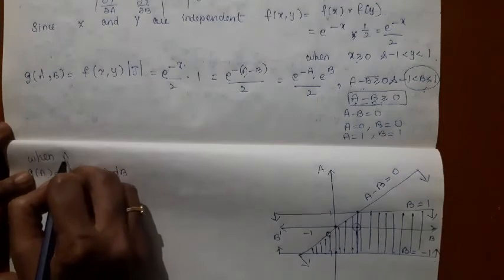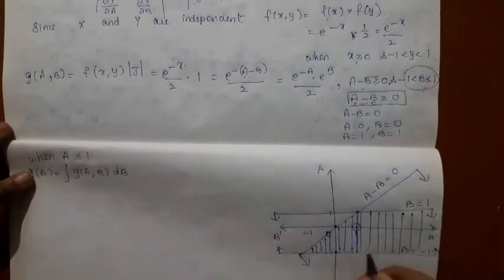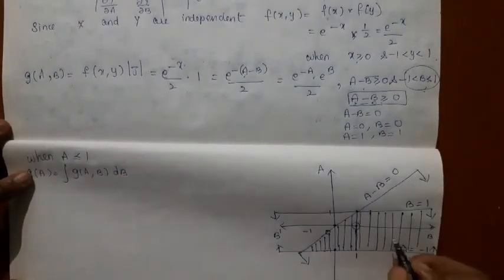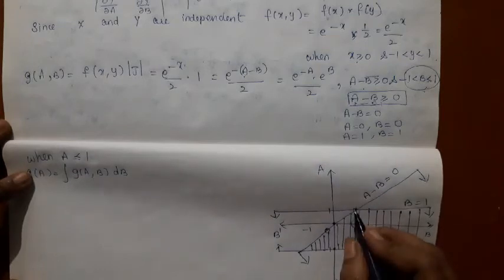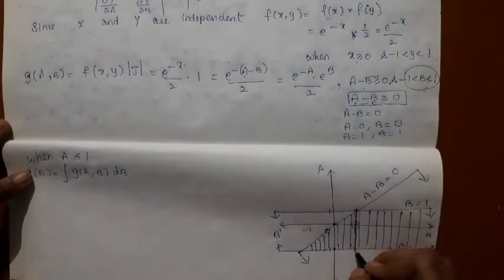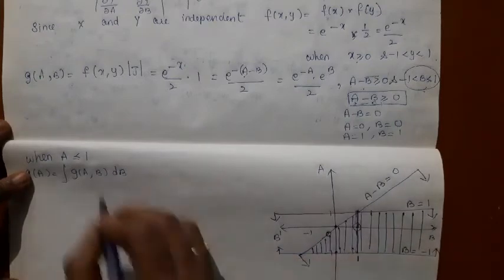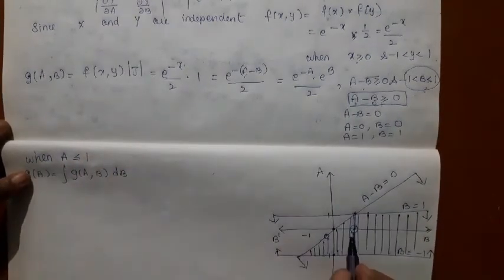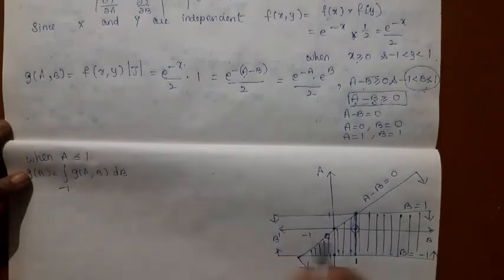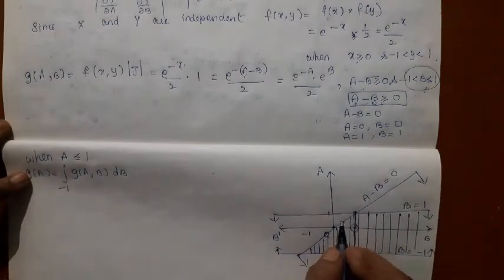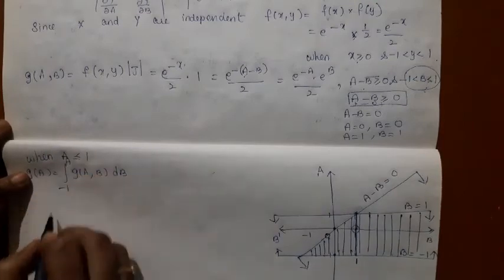When A is less than or equal to 1, this is my A, right? This is my A equal to 1. When A is less than or equal to 1, you should integrate from B equal to -1 to B equal to A, right?